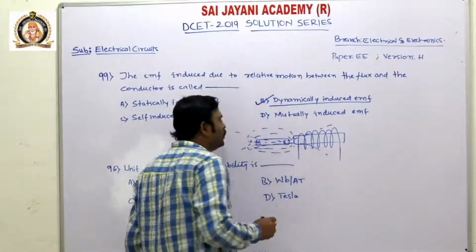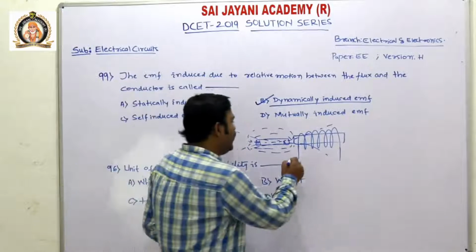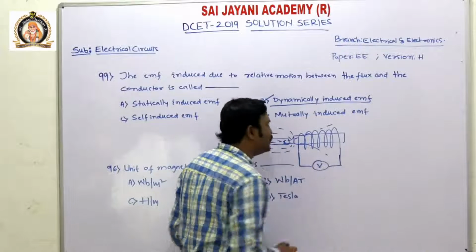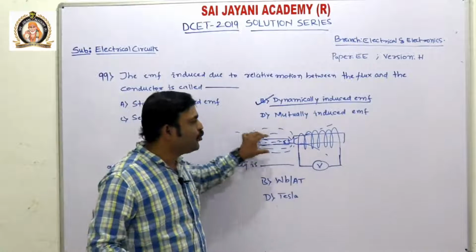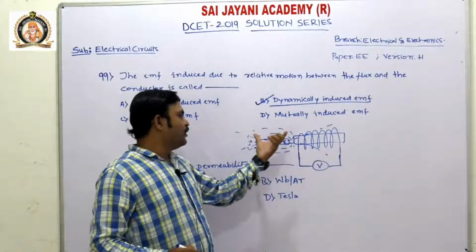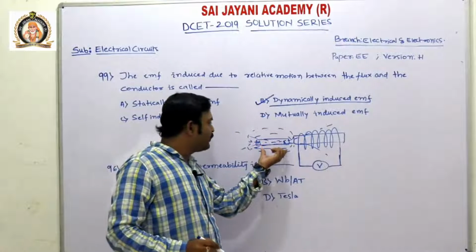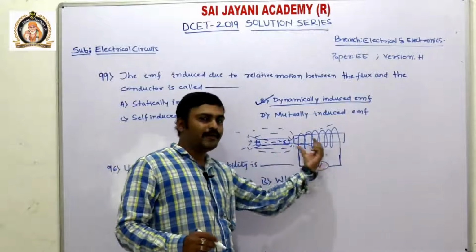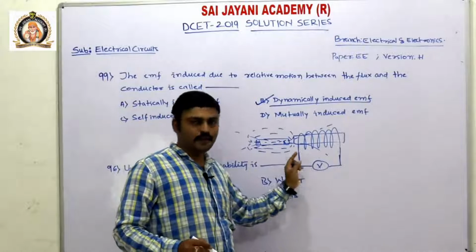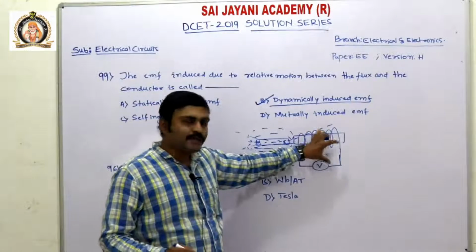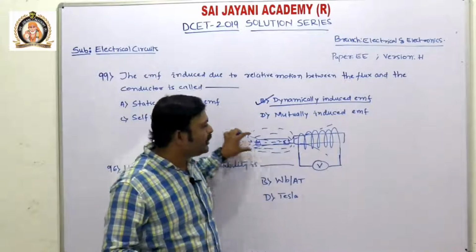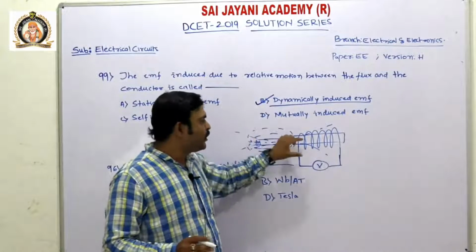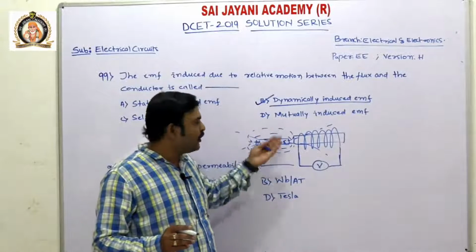An EMF is induced in this coil due to the relative motion between these two. Suppose the magnetic field or the magnet is constant and the coil is moving relatively, then also EMF is induced. If the coil is stationary and the magnet is moving inside and outside, then also flux changes.